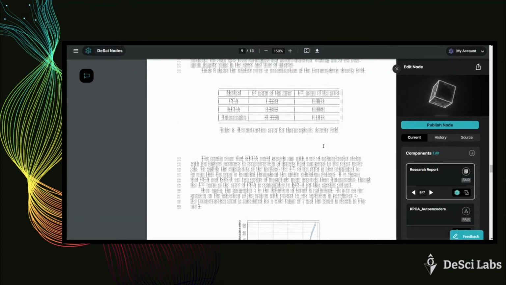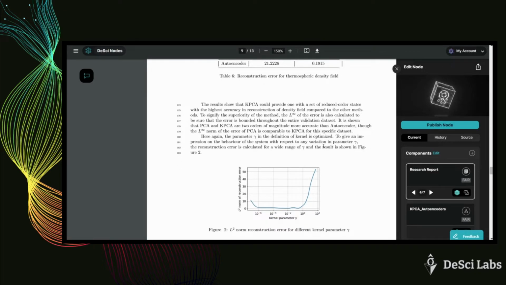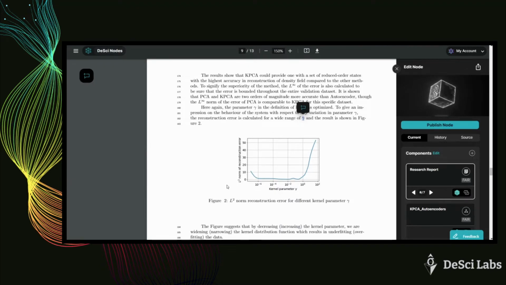Again, we performed optimization for gamma in the kernel, but here we went one step more. We showed this graph, which is the reconstruction error based on different values of gamma.